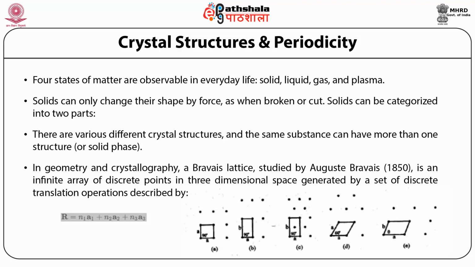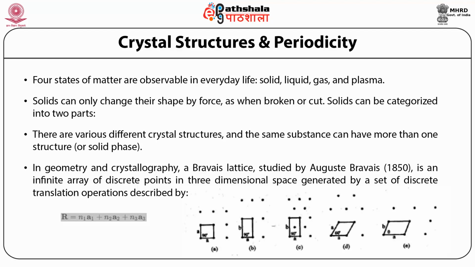In geometry and crystallography, a Bravais lattice, studied by Auguste Bravais in 1850, is an infinite array of discrete points in three-dimensional space generated by a set of discrete translation operations and described by R = N1A1 + N2A2 + N3A3, where Ni are any integers and Ai are known as primitive vectors which lie in different directions and span the lattice.